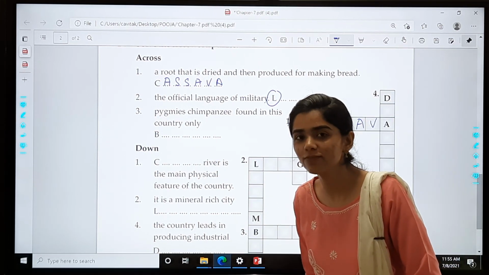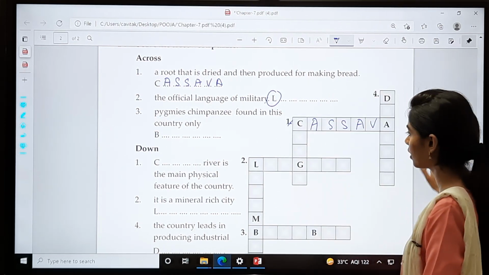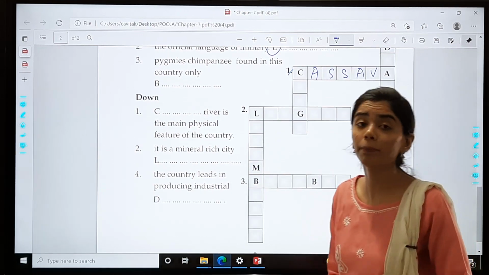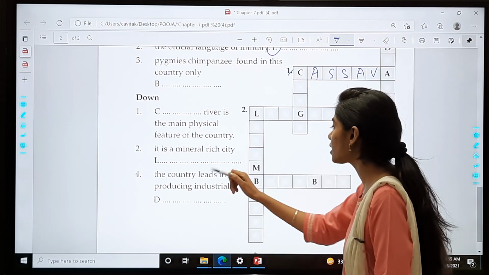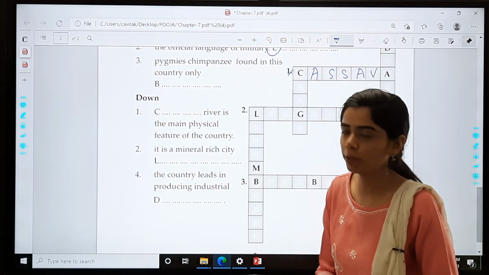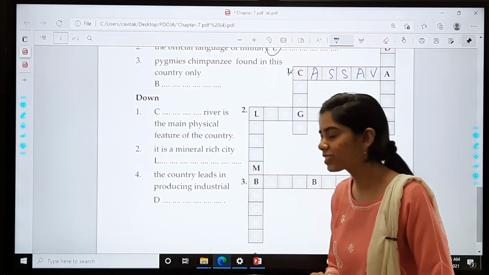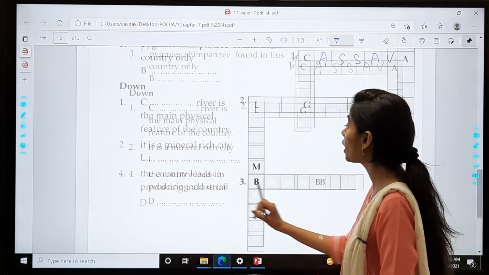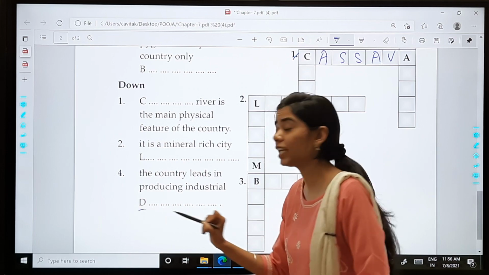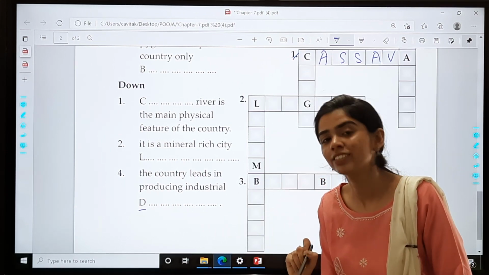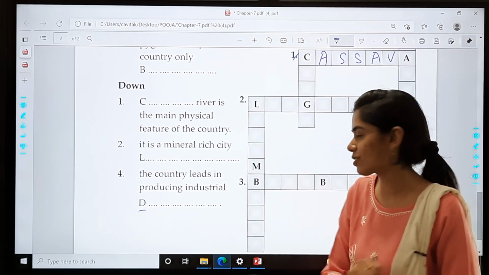Here is the name. Write it accordingly. Dash River is the main physical feature of the country. It is a mineral-rich country. So that you have to write. Then, the country leads in producing industrial D. What is that? That you have to find out.